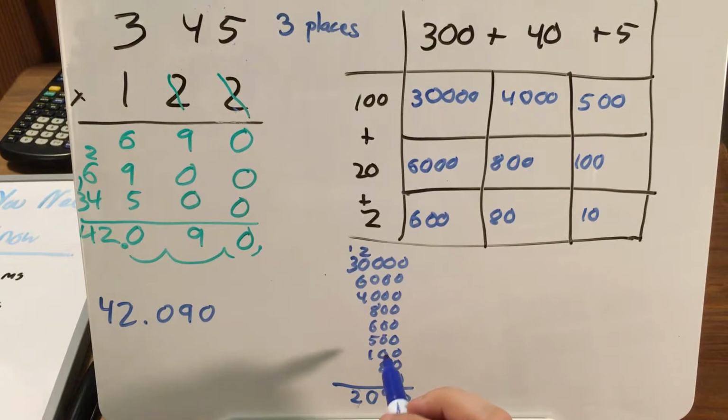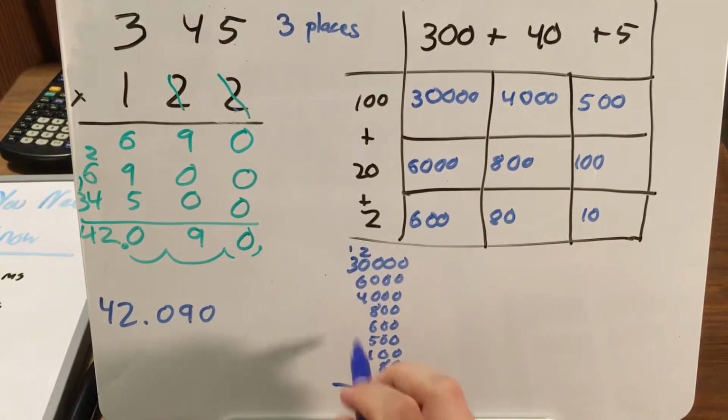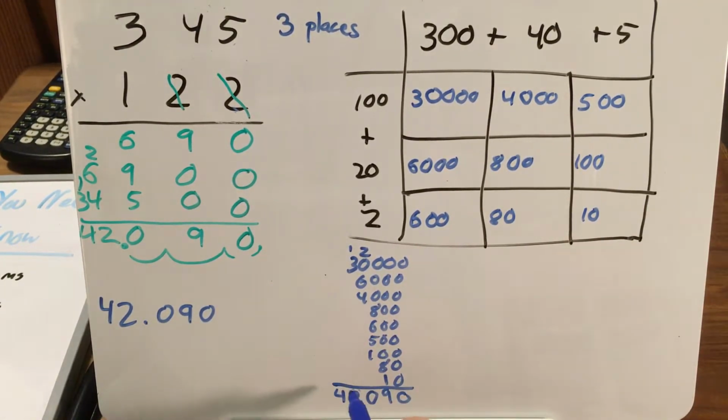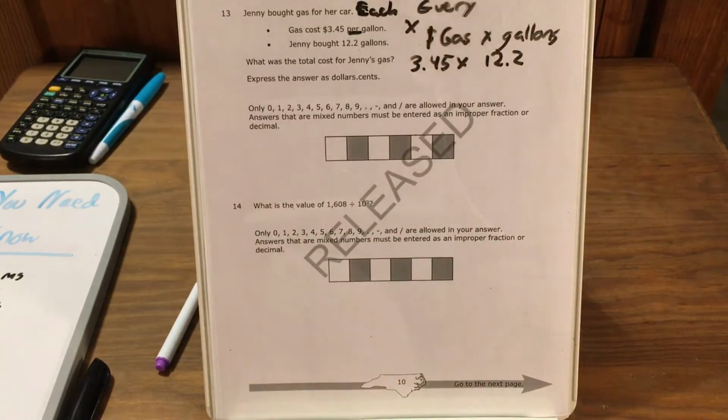This should be just 2 thousands, a 2 in the thousands place, and then 1 plus 3 gives me 4 ten thousands. I move my 3 decimal places over again, and I get 42.090.